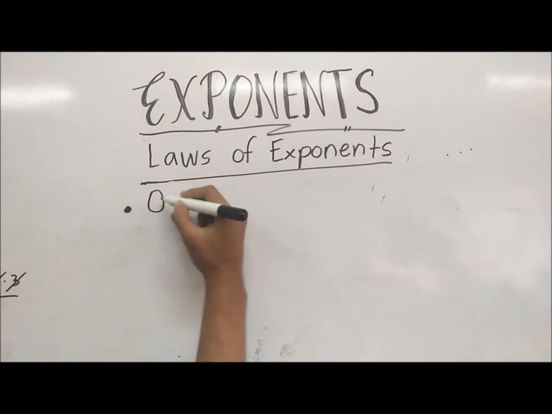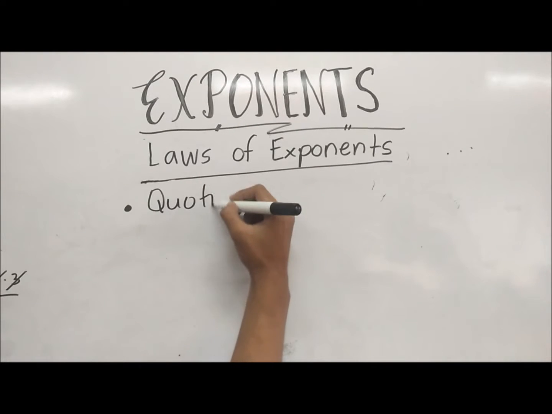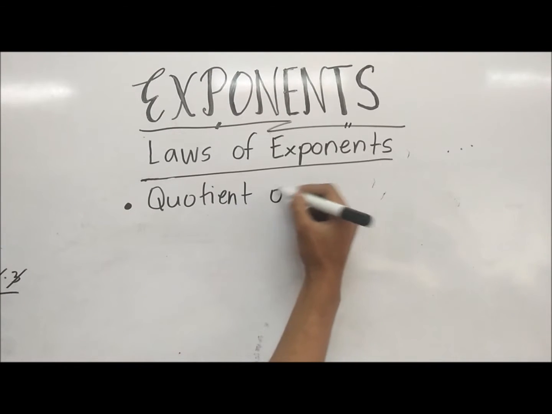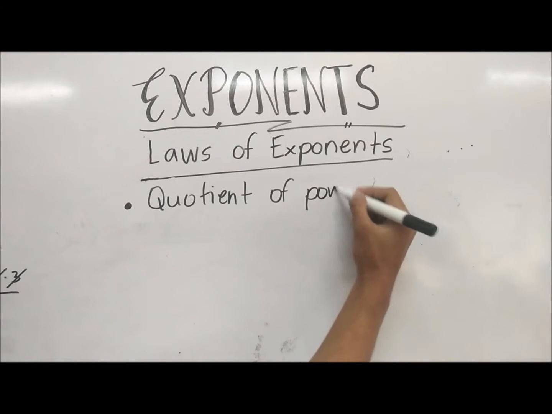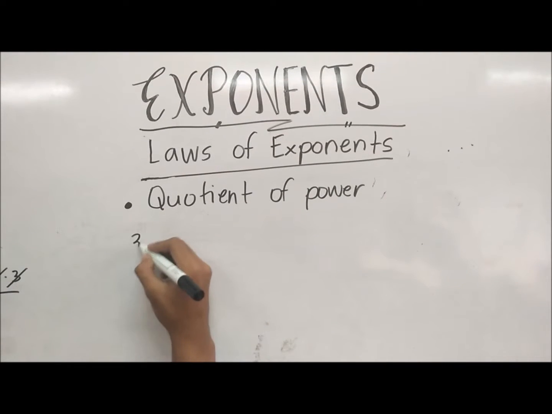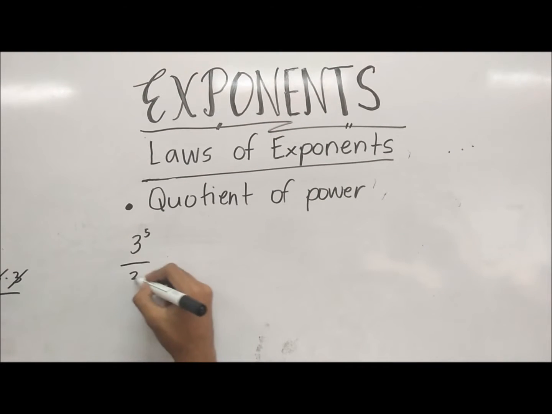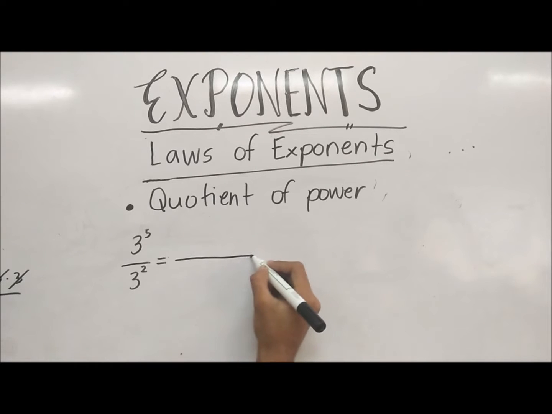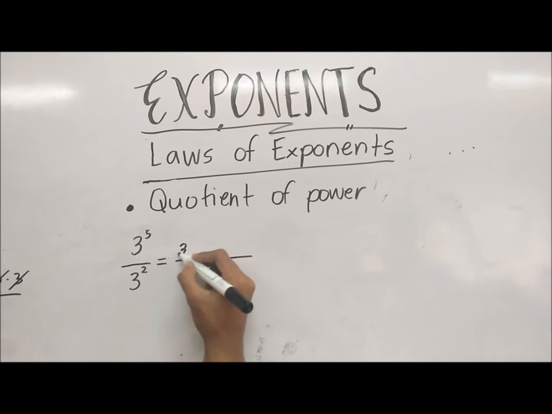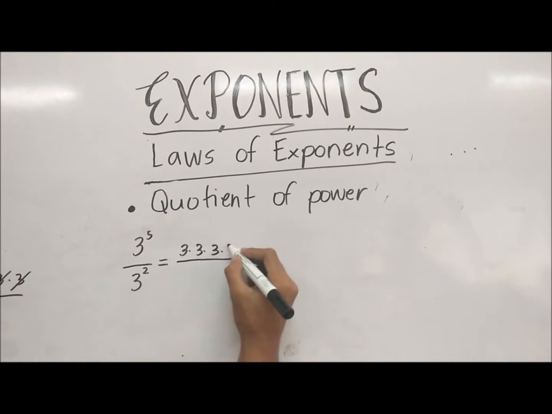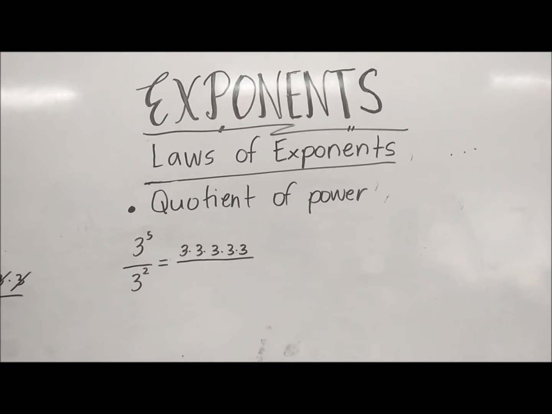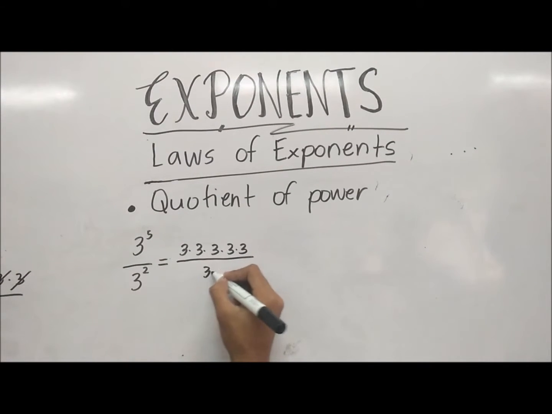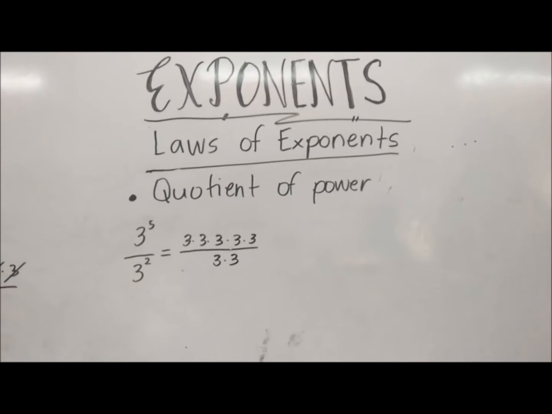This next rule involves division, and it is known as the quotient of powers. Let's say I were to ask you, what is 3 to the 5th power divided by 3 to the 2nd power? Well, we can just go to the basic definition of what an exponent represents and say 3 to the 5th power means multiply 3 five times, over 3 squared, which means multiply 3 by itself twice. We all know how to simplify fractions.